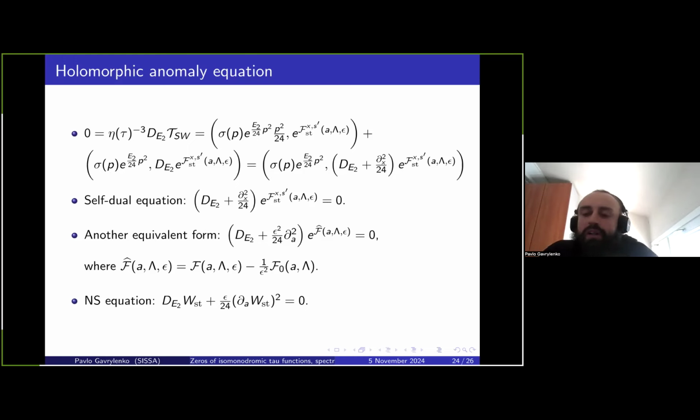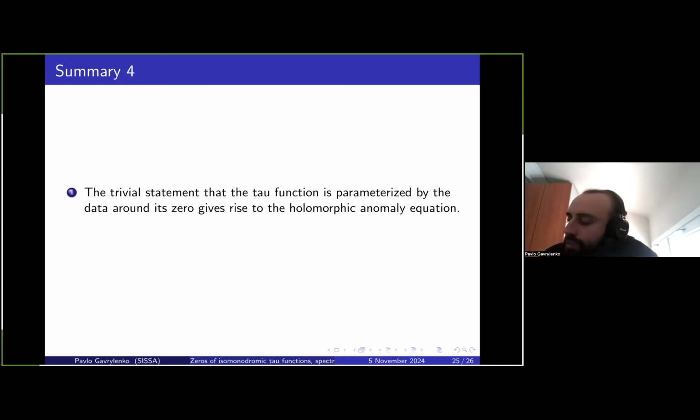So we had to pass from the gauge theory or from CFT to topological strings, compute something there. But here it is simply a consequence of this simple dependence where everything is encoded in the variable u. So in the sense, we can get this holomorphic anomaly equation for free from this isomonodromic CFT correspondence.